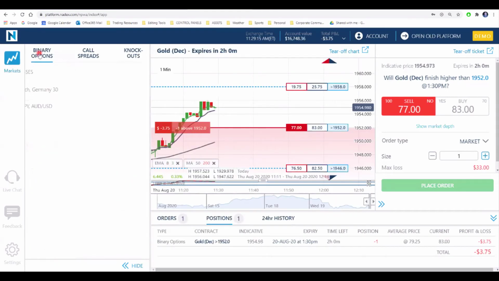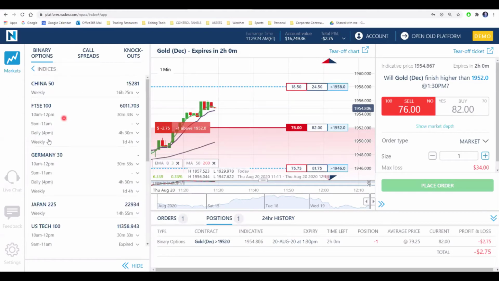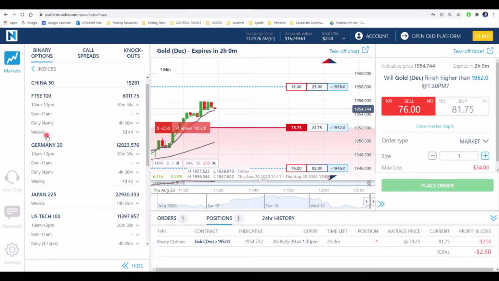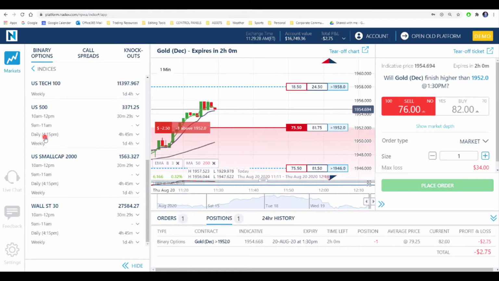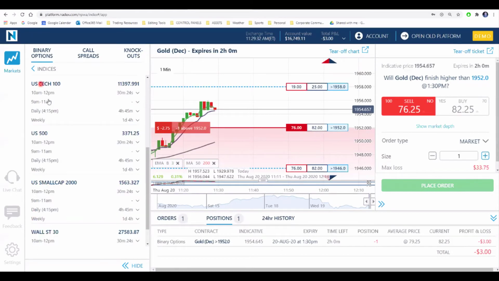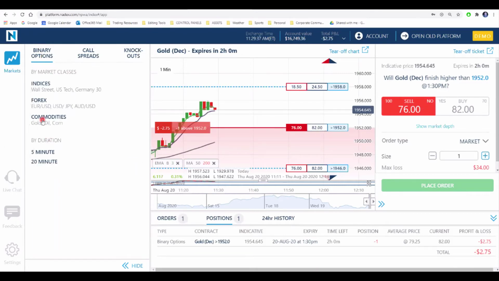So binary options, when I place a trade in the upper left-hand corner, this shows me the markets that are available under binary options. U.S. equity indices. Actually, there's global ones too, the DAX and FTSE, and several other ones, but we're interested in the U.S. one. So this is the S&P 500. I also have commodities.